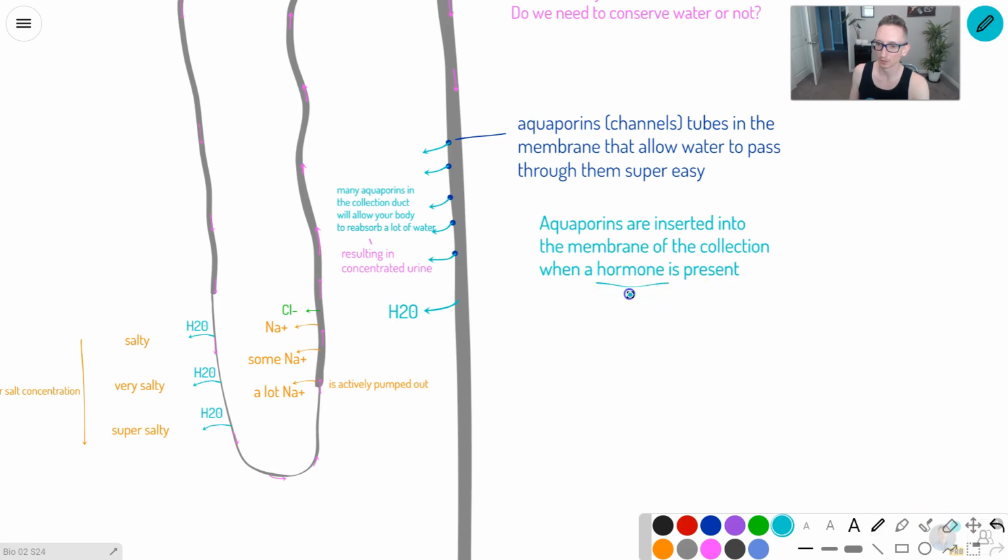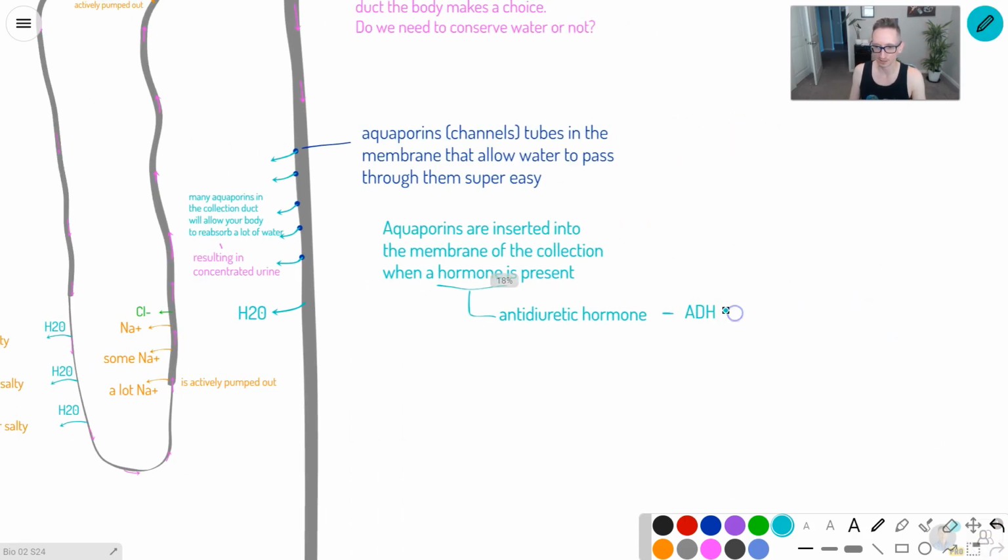This hormone is called anti-diuretic hormone. Anti-diuretic. A diuretic makes you pee. And this is an anti-diuretic hormone, or ADH. And this is made in your hypothalamus. Remember that part of your brain.